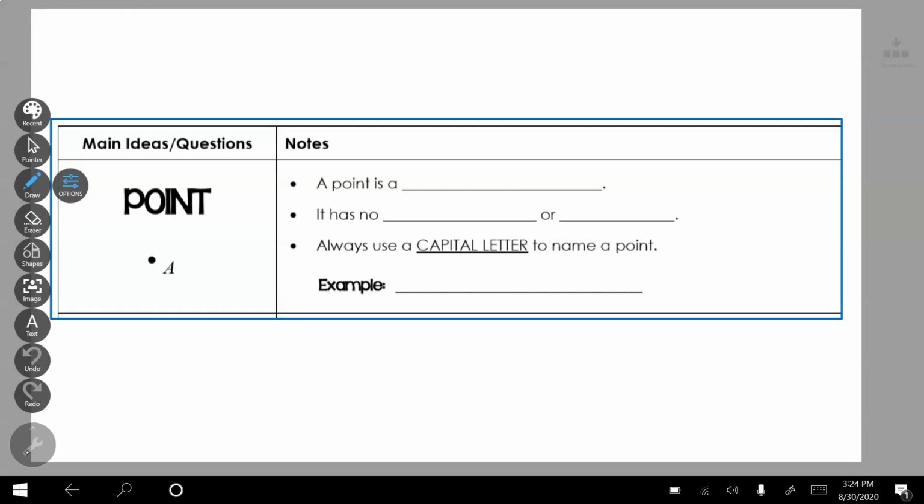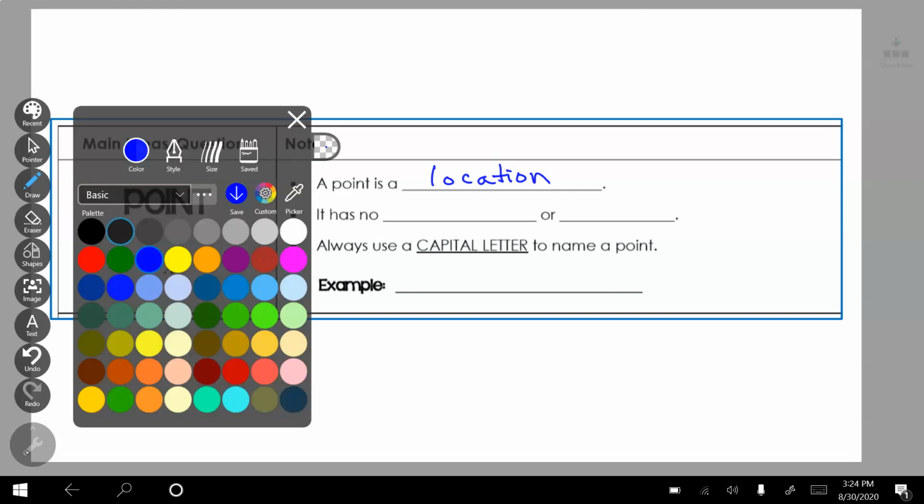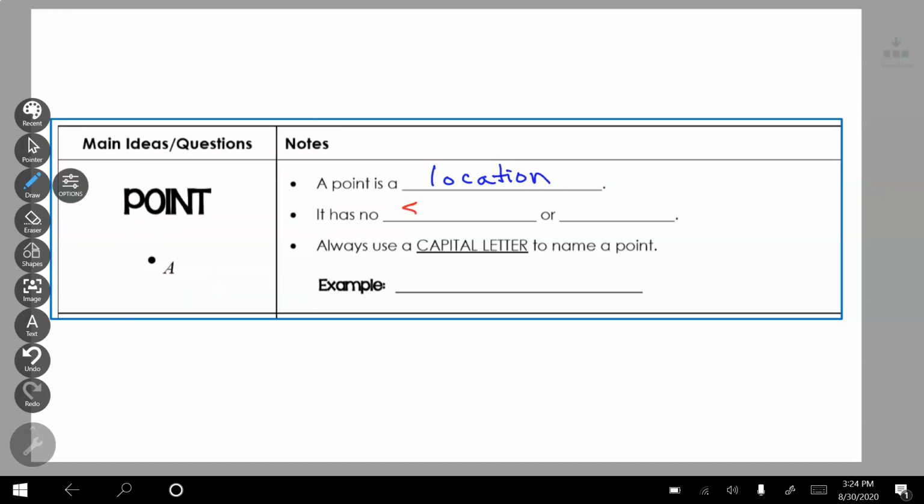So what makes up geometry? The first thing we're going to look at is a point. A point is just a location. It has no size or shape. Technically, it has no dimension at all. You couldn't really see a point.